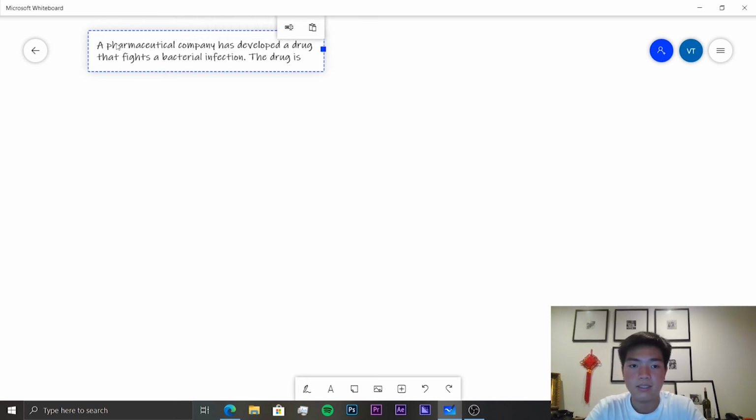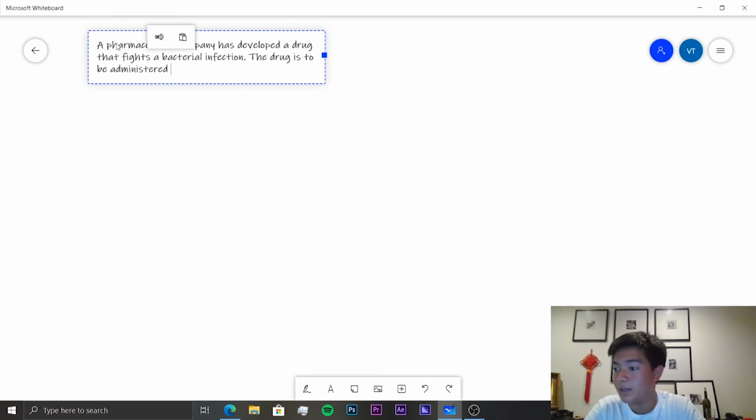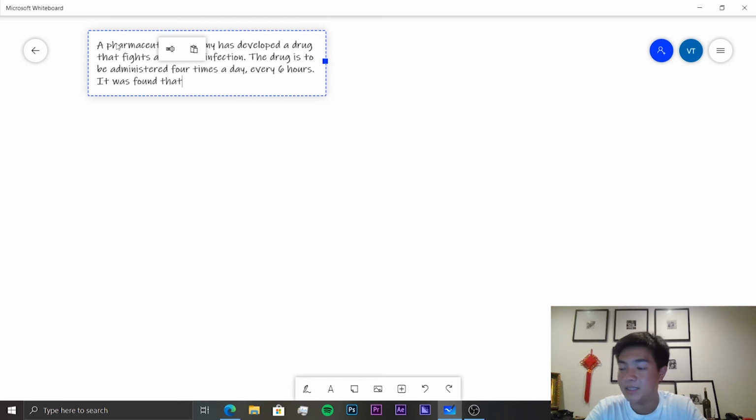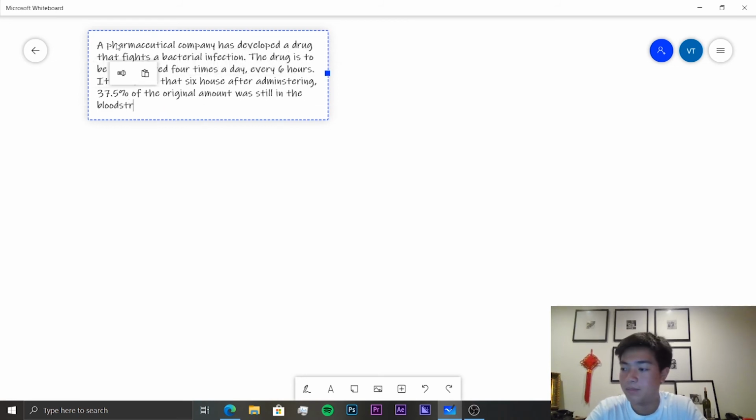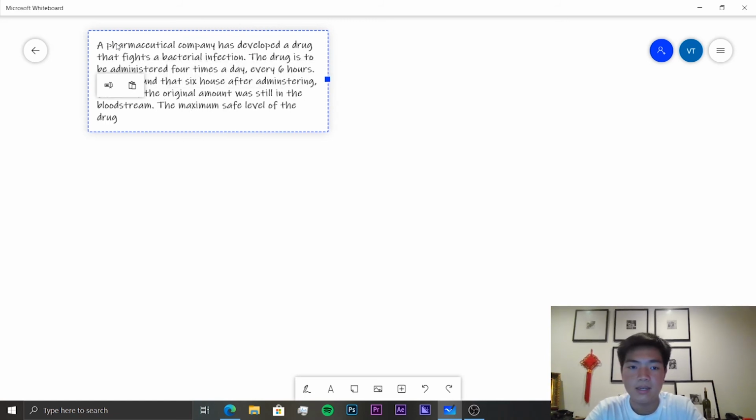The drug is to be administered 4 times a day, every 6 hours. It was found that 6 hours after administering, 37.5% of the original amount was still in the bloodstream. The maximum safe level of the drug in the bloodstream is 8 milligrams per milliliter.